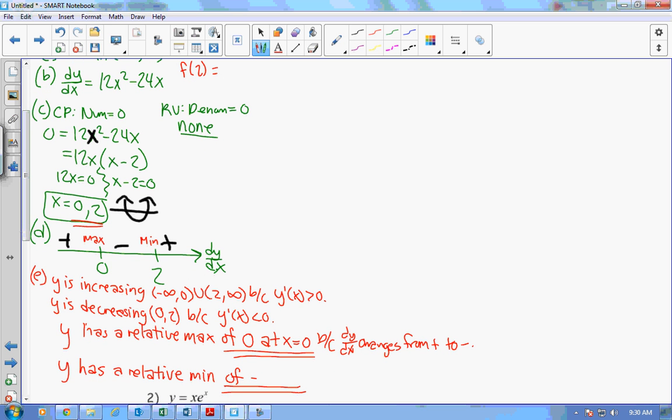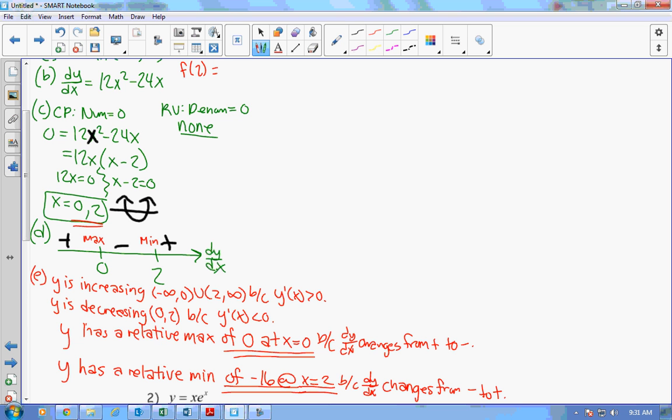Of negative 16 at x equals 2, because dy/dx changes from negative to positive. Okay, that's all first derivative test.